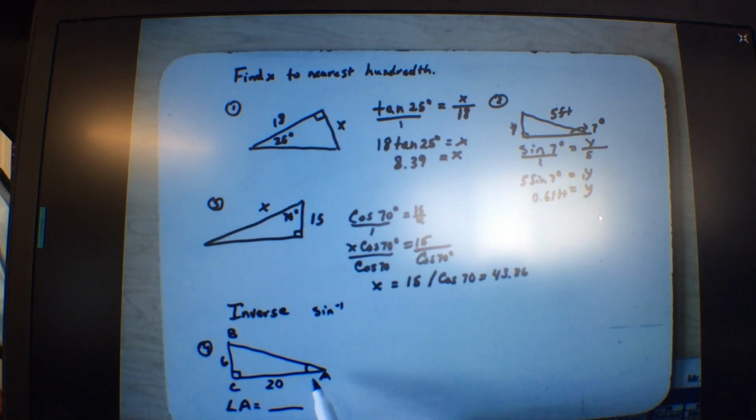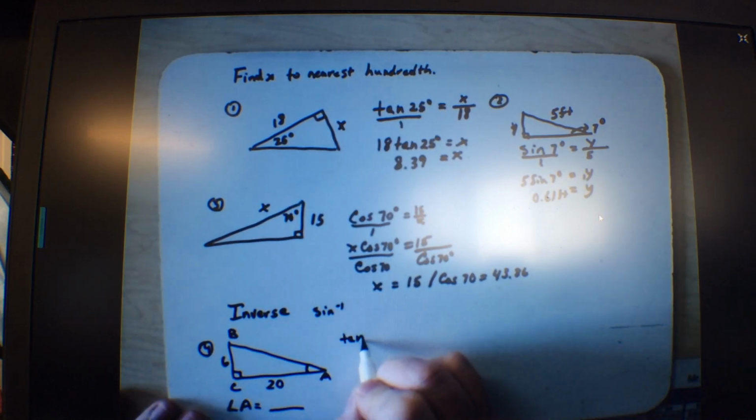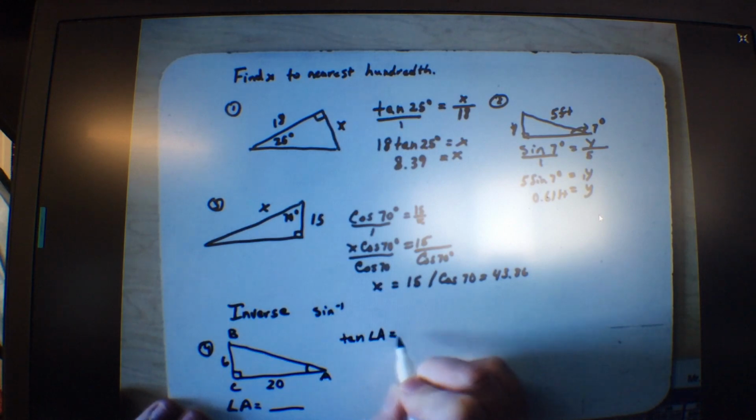Once I identify what angle I'm looking for, I look at what sides are given compared to that angle. What sides are given? 6 and 20, and what's their relationship with A? Opposite and adjacent. So which trig function do I use? Tangent. So I say the tangent of angle A equals 6 over 20.